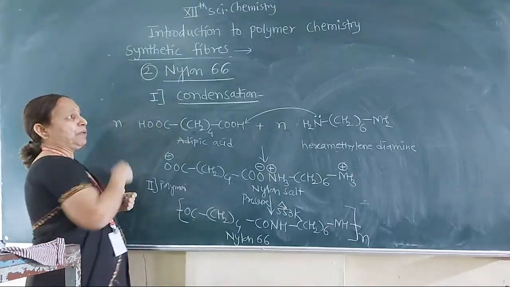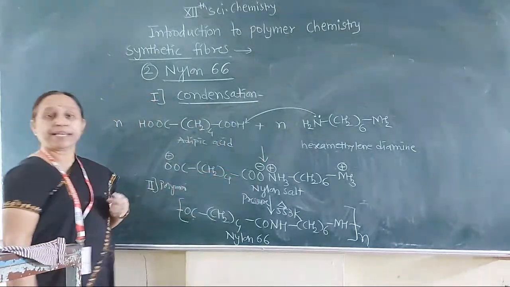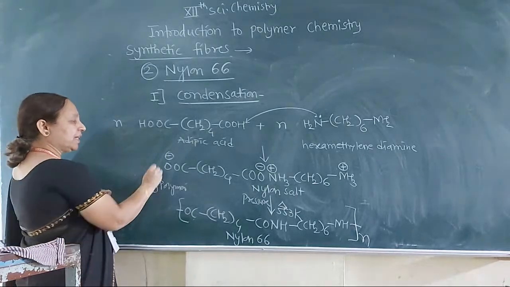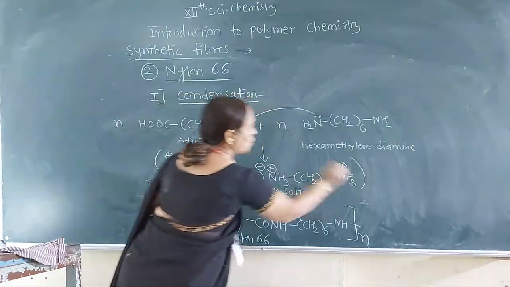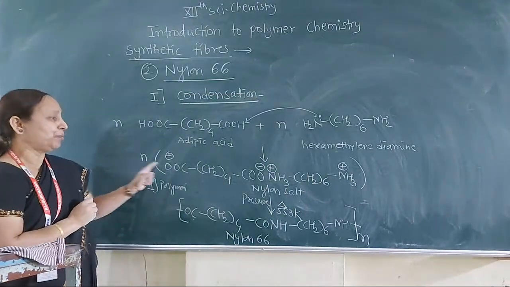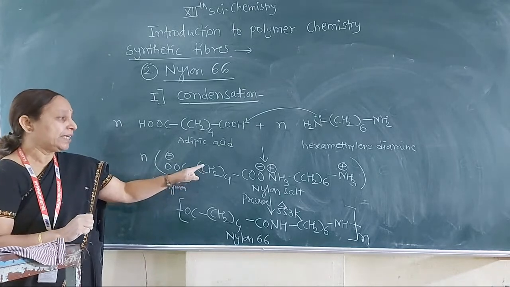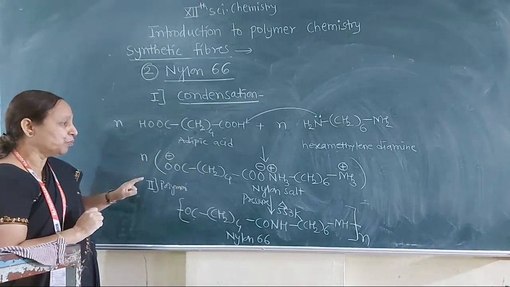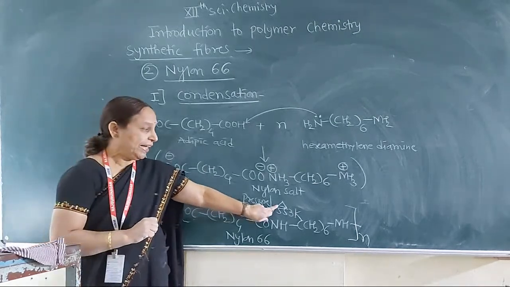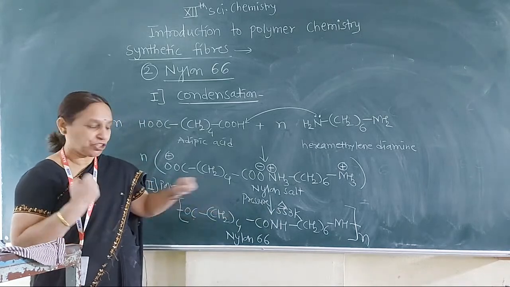In the first step, the condensation, monomers of adipic acid and hexamethylene diamine are used, and thus n number of molecules of nylon salt are obtained. These nylon salt monomers undergo polymerization when heated at 553 Kelvin under pressure.